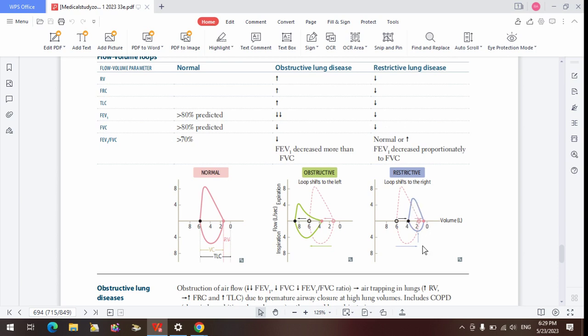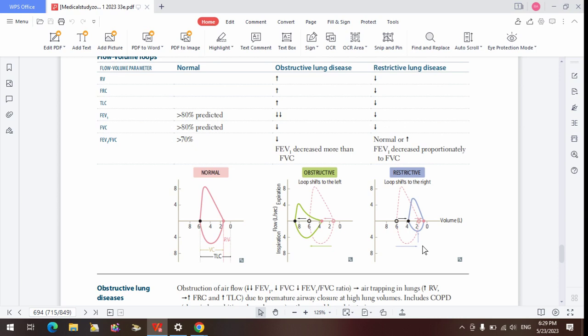Why is it starting from 0 point something? Because the residual capacity in these people is also low. Yes. And then they're even bringing little air in also. Exactly. So the flow rate also reduces because they are bringing little air in. But there's no resistance when the air is coming out.